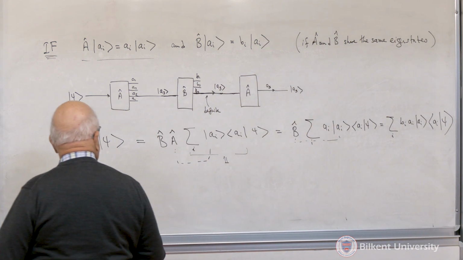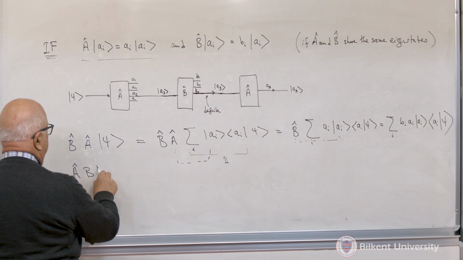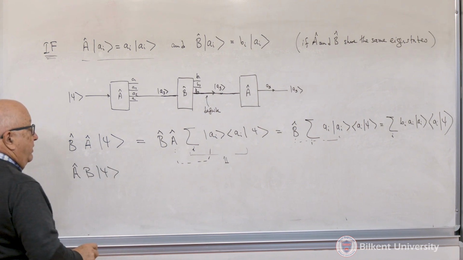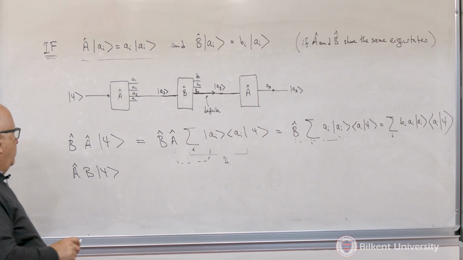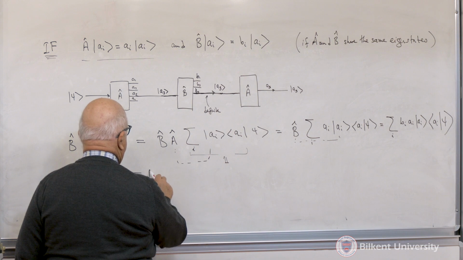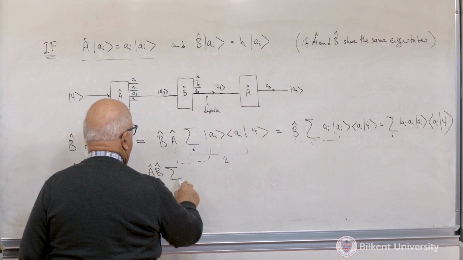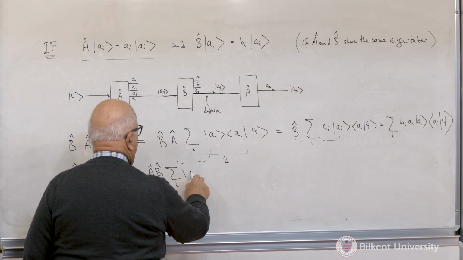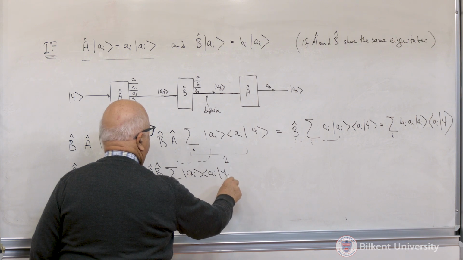Now let me do this in the reverse order. Let me make it A times B operating on psi. Well, it's just going to be the same sort of algebra. A, B, sum over i, a_i again, a_i psi.